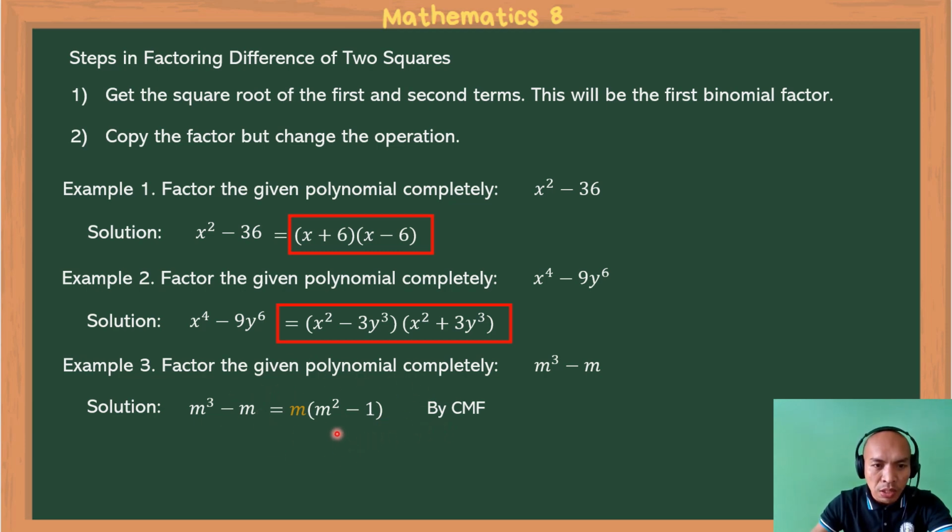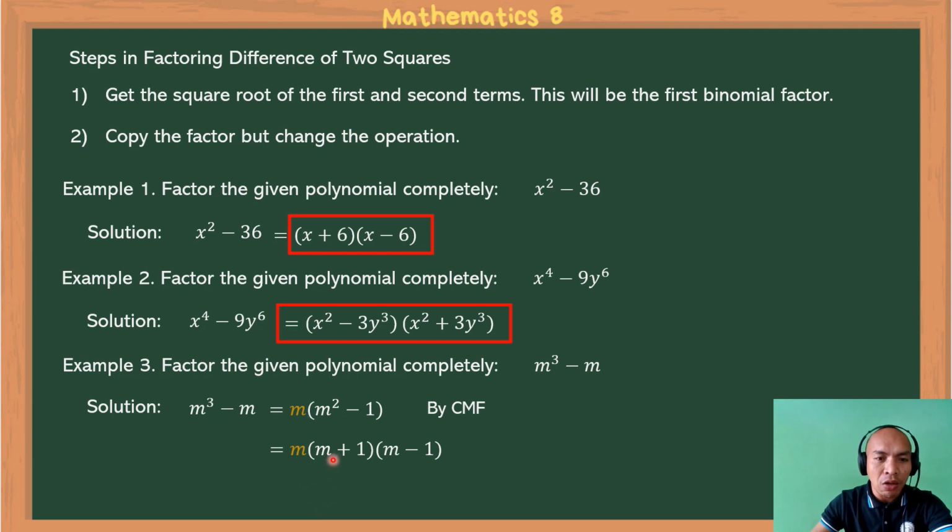Why? Because the resulting expression is also a perfect square: the exponent of m is divisible by 2, the constant 1 is also a perfect square, and the operation is minus. So this is a difference of two squares already, and we will factor it completely as instructed.